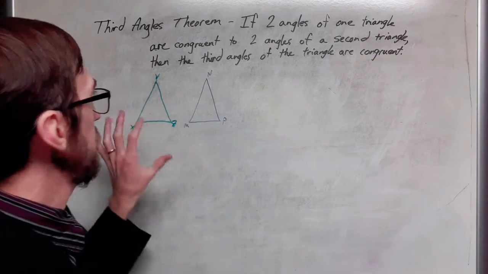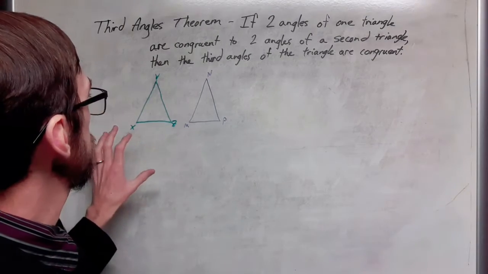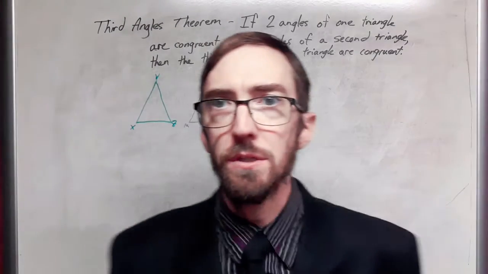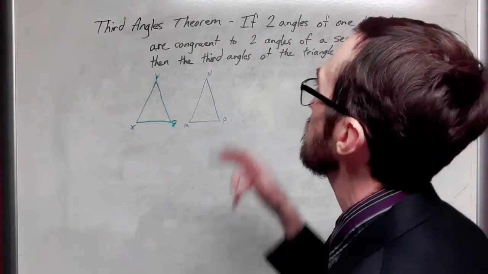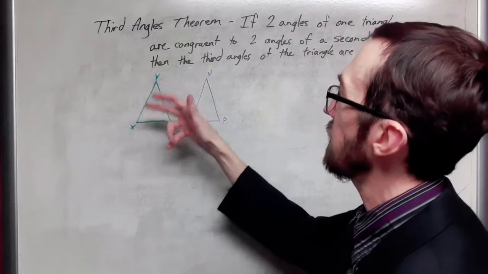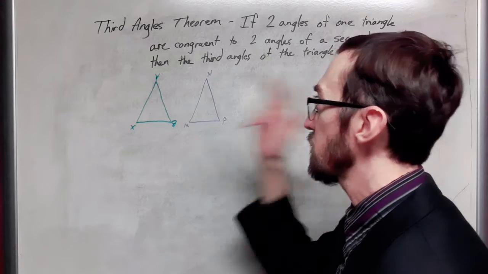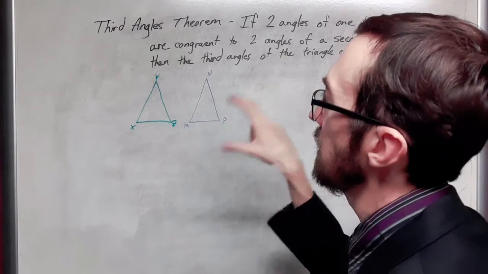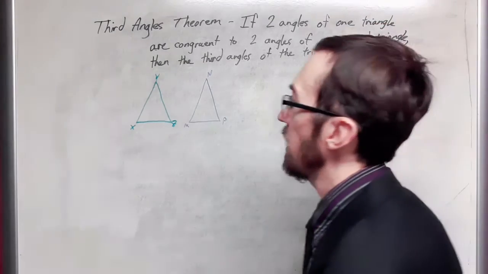Given this theorem and these two diagrams, again, I'm using XYZ and MNP as my given triangles. I'm going to put in my other given that we know that we have corresponding angles for two of those angles. We are going to prove that the third angles are going to be congruent as well.